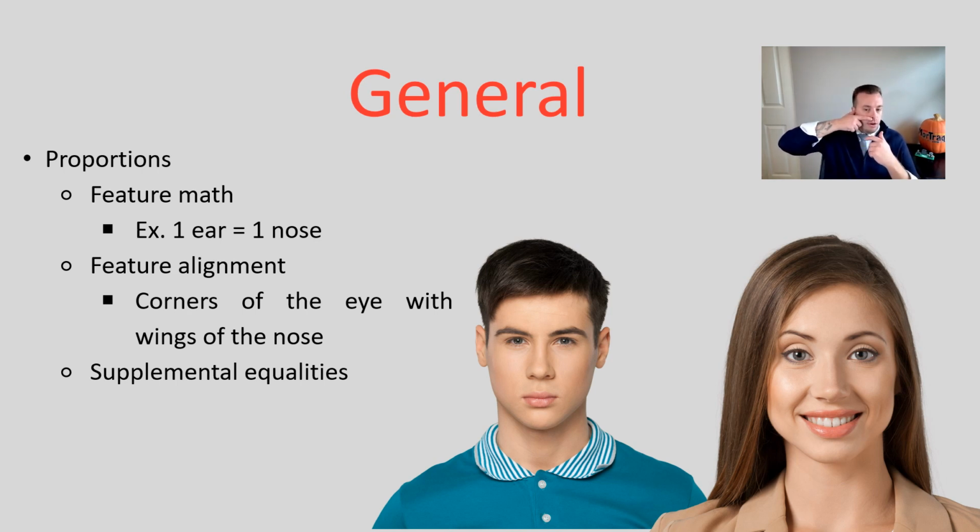And then I can kind of know how far the nose is going to stick out because I can tell where the ear passage is. So I know that this is a supplemental equality from here to here, from here to here, from here to here, and then also kind of the widest part of your face.